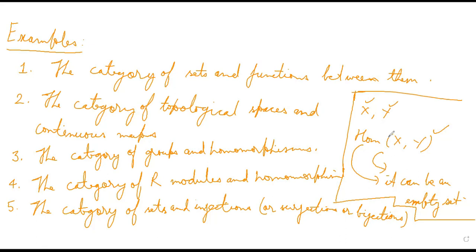Similarly, you can consider Hom(X,Y) to be the set of all bijective functions from X to Y. That will give another category. So we will see after some time that this is a subcategory of the category of sets and functions.